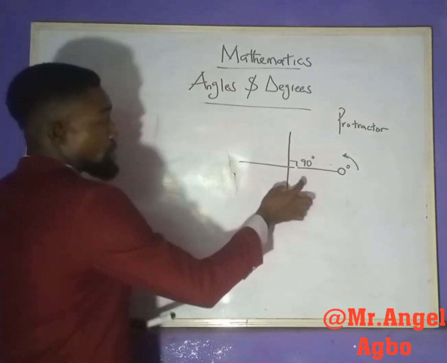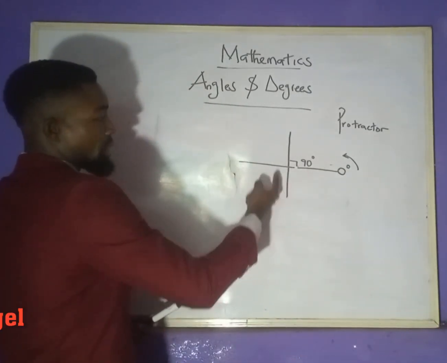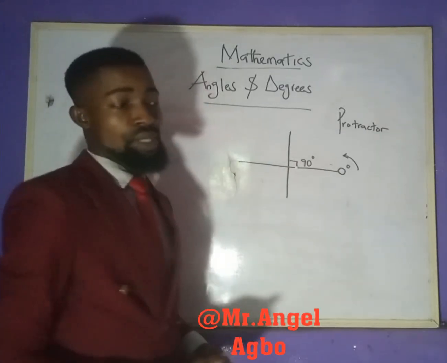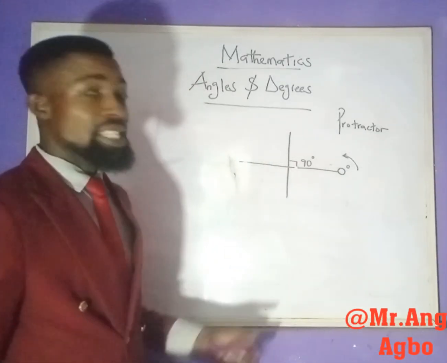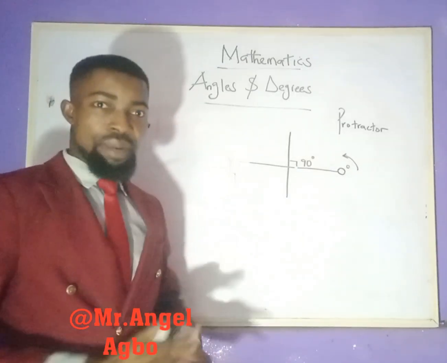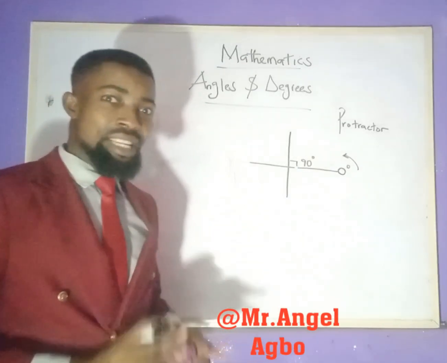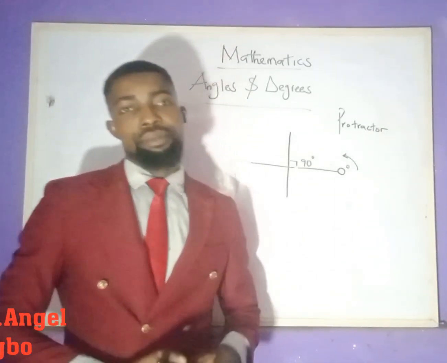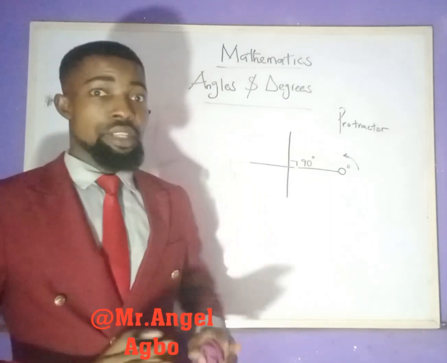Now, when you move slowly to another one and make it a straight angle, it becomes 180. That is to say, when you have a straight line, it is simply 180 degree. A straight line is a combination of two complementary angles, and it forms a supplementary angle.